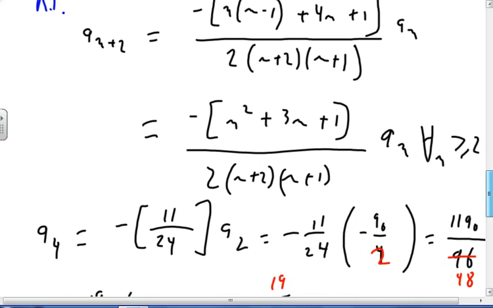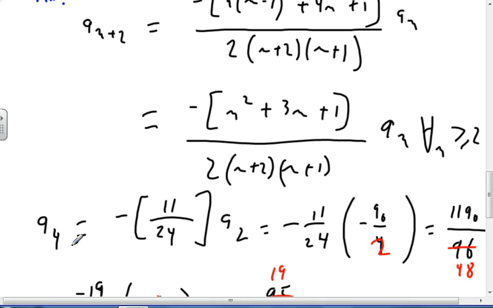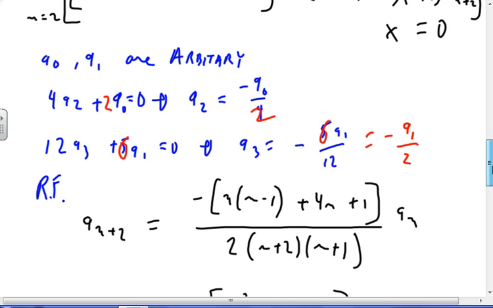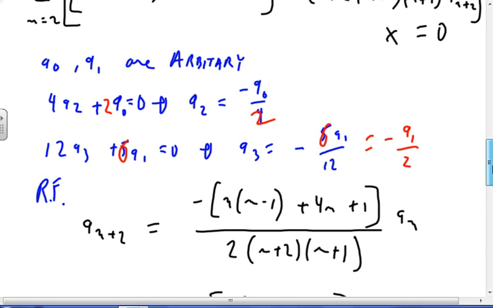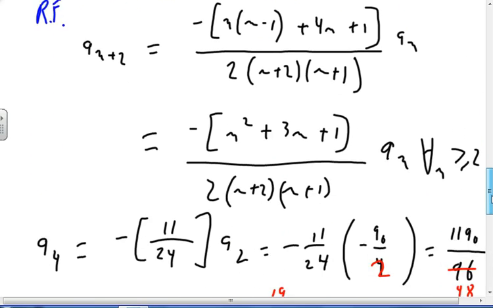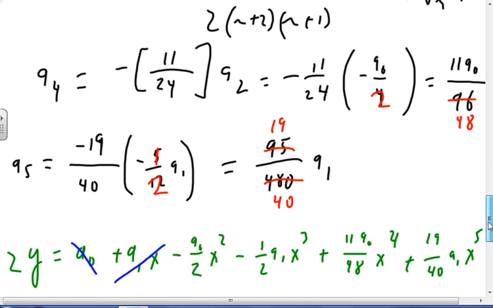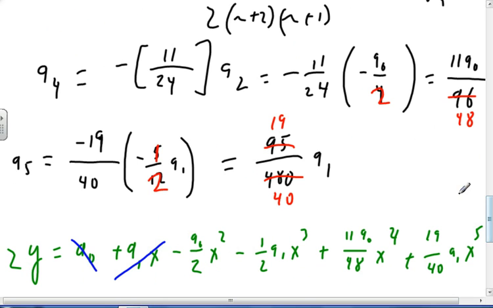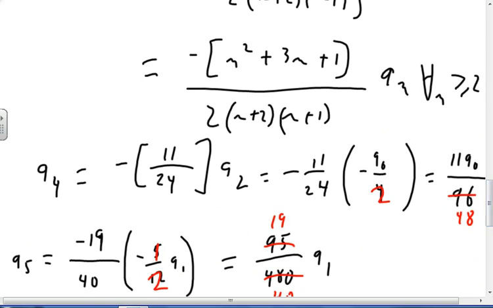Okay, right here. A4 is minus 11 over 24 times A2. A2 is minus A0 over 2. So how do we get rid of this 11?